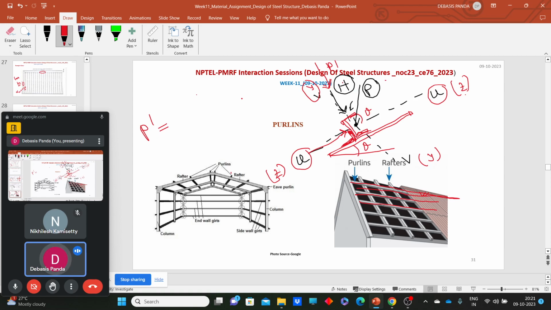P dash will be equal to H, that means the horizontal force due to the wind, plus the component of P, which is P cos theta. Now what should be the value of the force acting along this direction? Say, let's say this is H dash. So what should be the value of H dash here? H dash will be nothing but P sin theta.